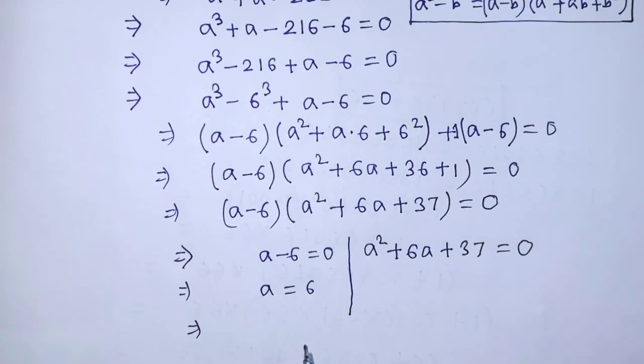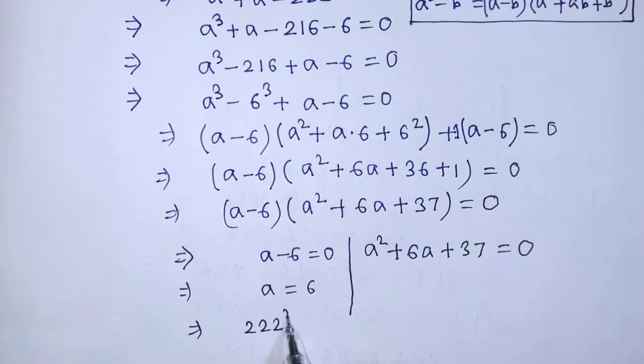To find the value of x, we have to put the value of a on the left hand side of this equation. So on the left hand side we write 222^x = 6.